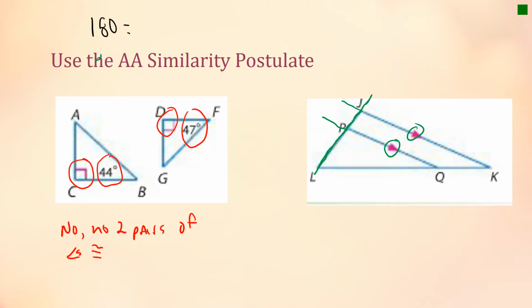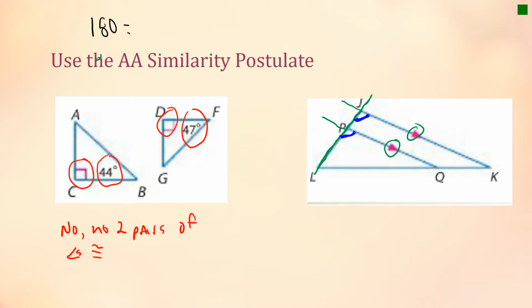Now, if that's true, and it is because we're told they're parallel lines by those little markings, then angle LJK, which is right here, is going to be congruent to angle LPQ, which is right here. And why would that be?